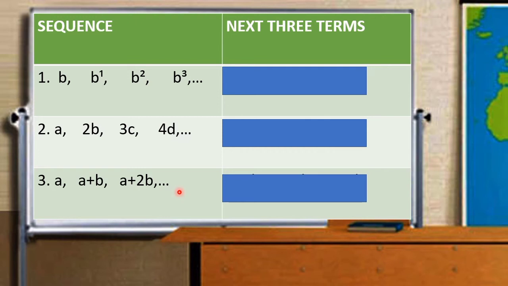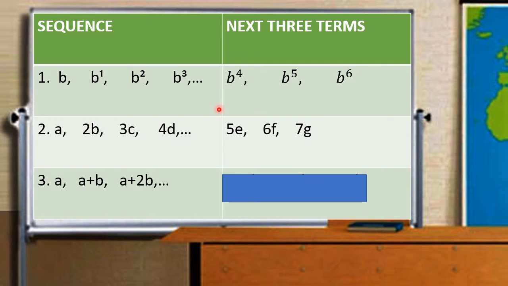Time's up. So let us check your answers. So for number 1, our answer is, tama ba sagot nyo? Great. For the second sequence, we have 5E, 6F, and 7G.